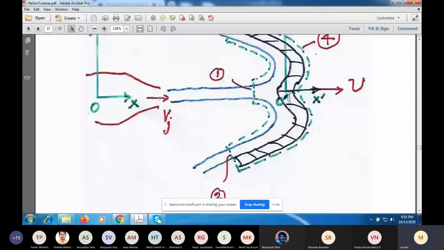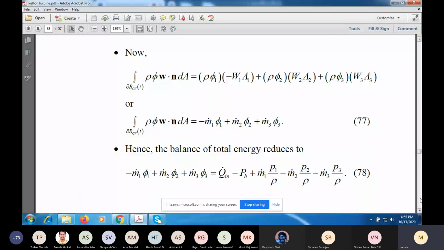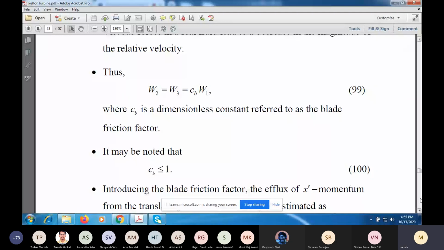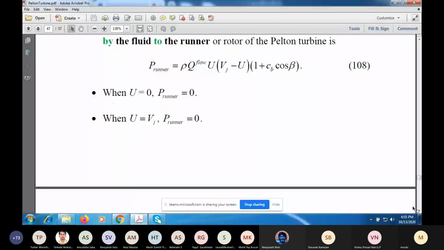The relative velocity will be 0. So in that case, again, the power is 0. And of course, the blade velocity cannot exceed Vj. In practice, the blade velocity will be less than Vj.